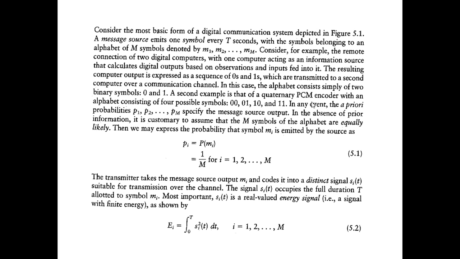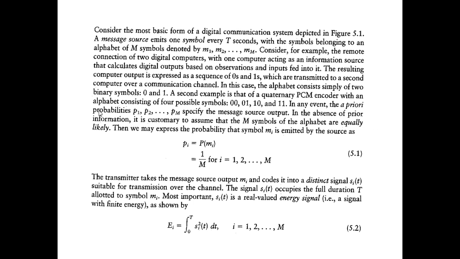In a second example we use the quaternary PCM alphabet, 0 0, 0 1, and 1 1, a combination of two symbols. In any event, the a priori probabilities p1, p2 up to pM specify the message source output. There are M messages, and each one has its own probability of occurrence.